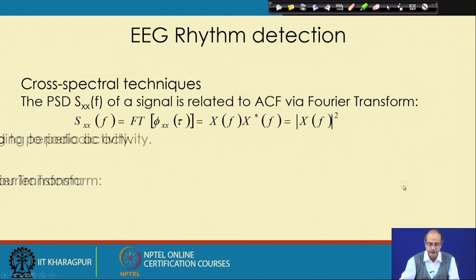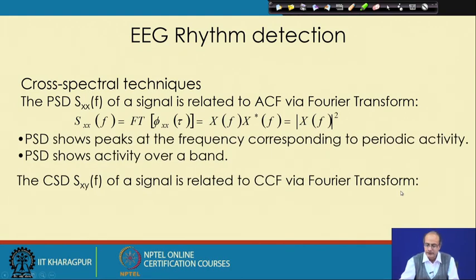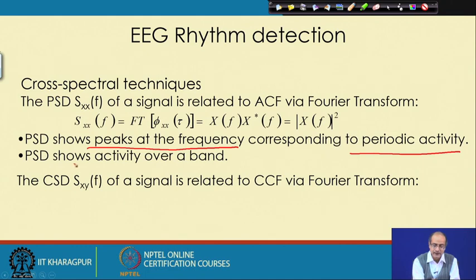If there is any periodic activity, the PSD would give a peak at that frequency, and if there is a band over which the activity is present, that will also be visible. That means, as part of the description, the predominant waves we talk about, alpha, beta, theta, delta, all have their maximum energy present in a particular band.